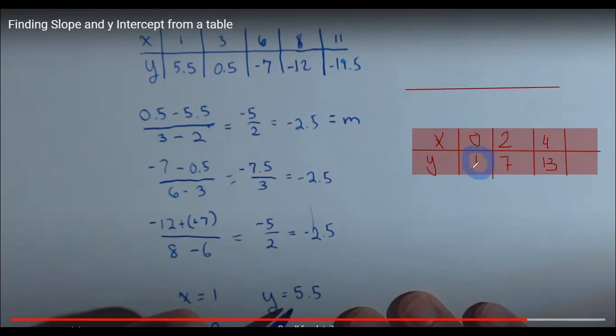And the y-intercept comes when the value of x equals 0. So in this table, we will not make any extra steps. We will use directly y-intercept equal to 1. But in this type of question, we don't have x equals 0. So we will calculate the slope, and then we have to decide how we are going to find the y-intercept.